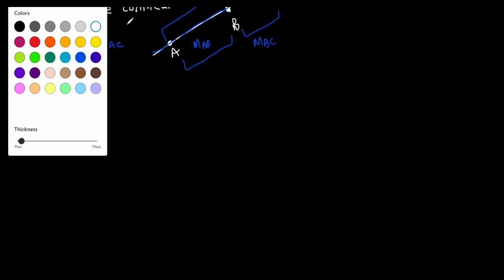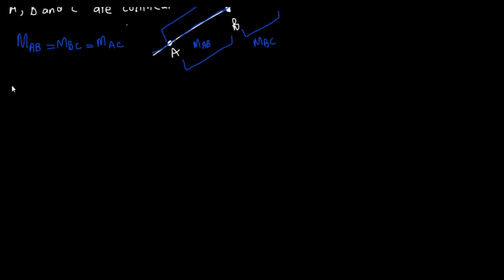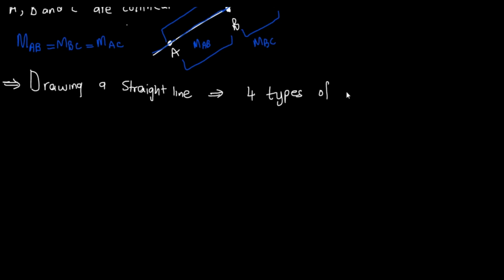Drawing the straight line equation is the last part of the lesson. On drawing a straight line, we have 4 types of equations. I'm going to start with the first one.